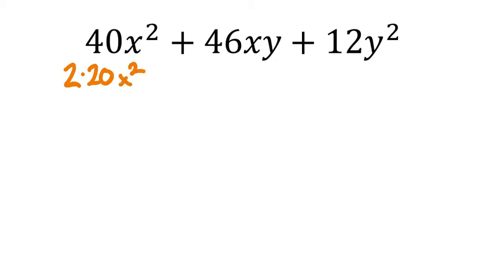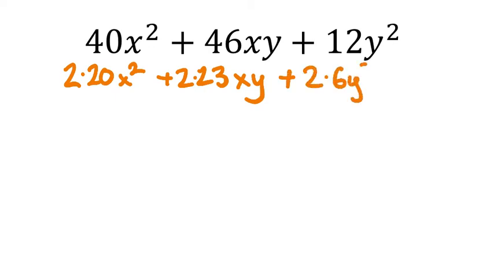I'm showing that I'm splitting these into their factors with one of the factors being 2. 46 would be 2 times 23, and again, the x and the y there, we're not concerned with those variables right now. 12 would be 2 times 6, and then we've got the y squared. So these 2's, I'm going to factor out from the 3 terms.